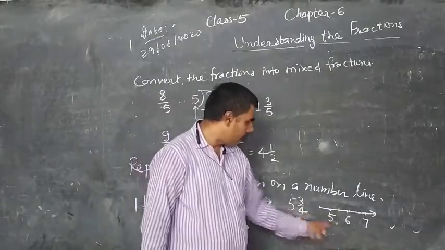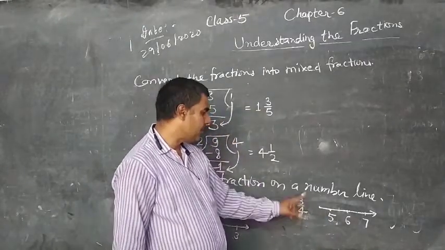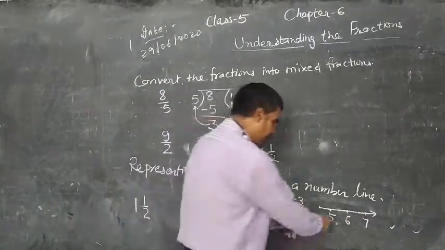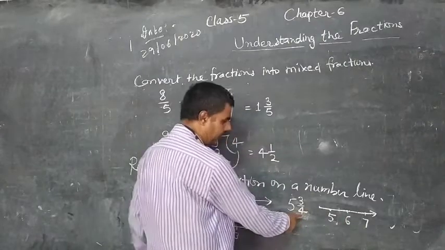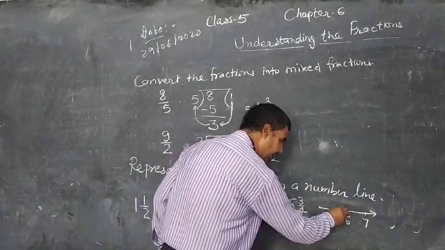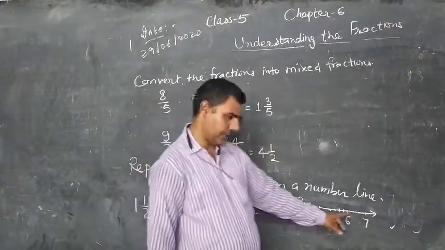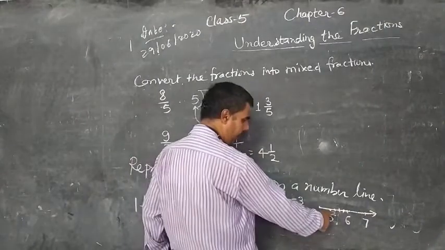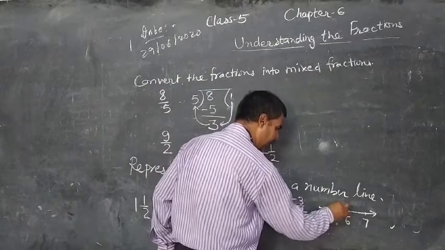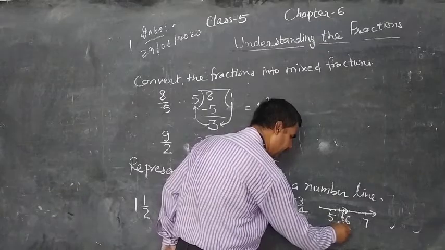This is 3 by 4, means we divide 4 equal parts between 5 and 6. Denominator is 4. This is 1 by 4, this is 2 by 4, and this is 3 by 4. Yes, this part is 5 and 3 by 4.